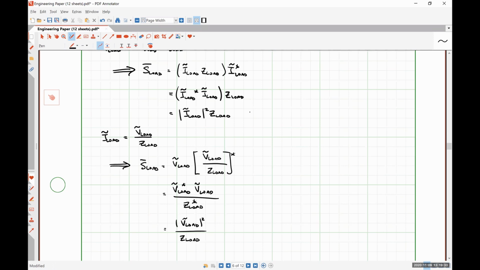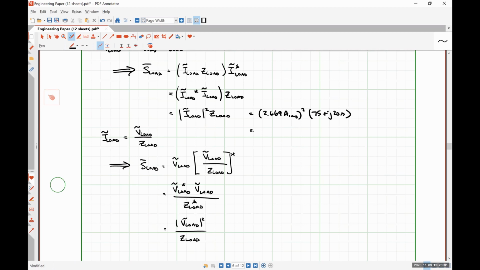So let's try this guy right here. That would be 2.669 amps RMS squared multiplied by our impedance of 75 plus j20. And we want the rectangular form of that operation. So 2.669 squared times 75 plus 20i.